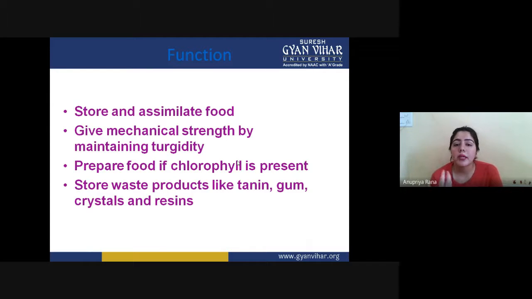There are many excretory products secreted by the plant body, and all these secretory things can be stored by parenchyma in the form of tannin, gum, crystal, and resin. These are the four very important functions performed by parenchyma cells in the plant body.